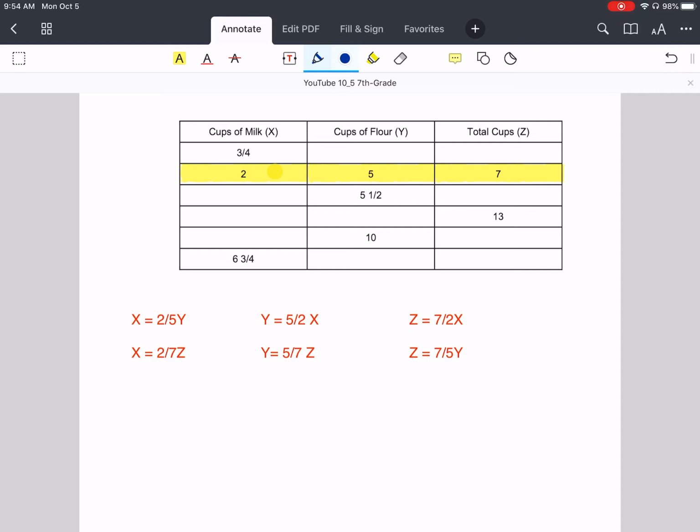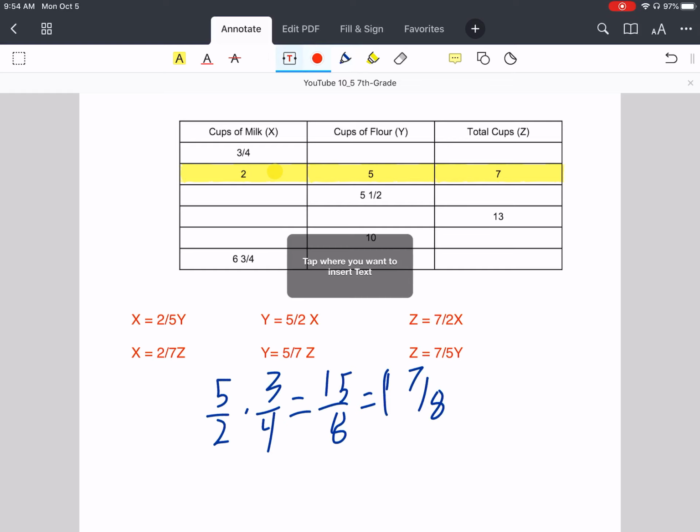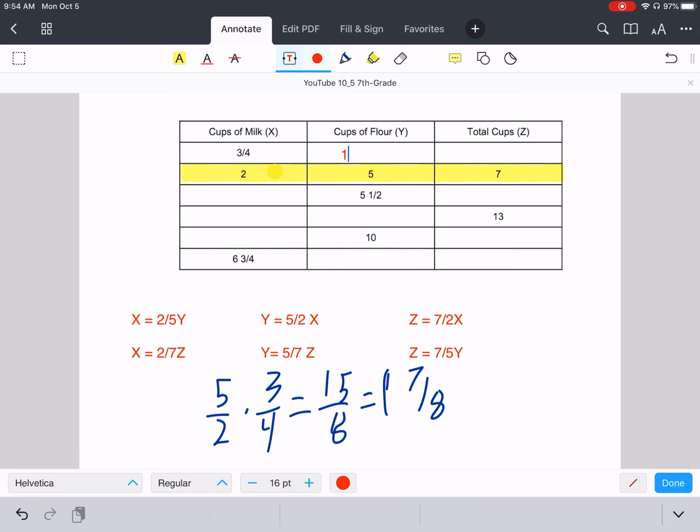Okay, so y equals 5 over 2 times 3 over 4. That gives us 15 over 8, or 1 and 7/8. I'm going to type that in, 1 and 7/8.